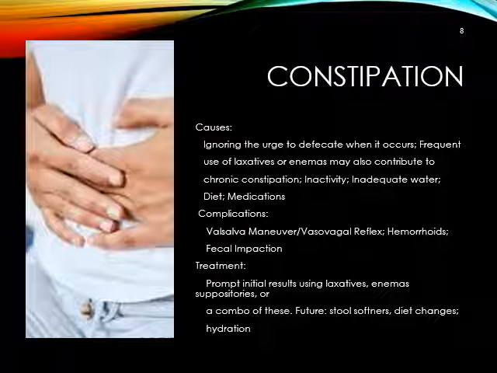Fiber is really important in the lower GI tract because it keeps the colon stimulated to go to the restroom, and hydration. So it keeps the stool from being hard, so they don't have to bear down and try to go to the bathroom. So hydration.